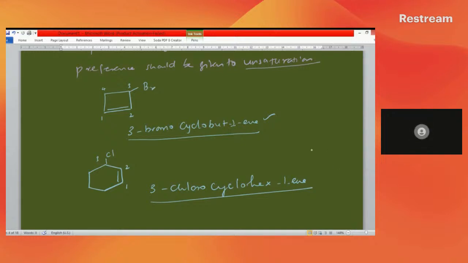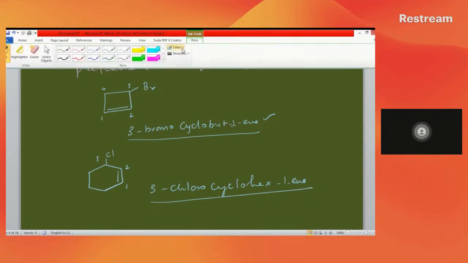Likewise, in the other case, you can find a functional group.